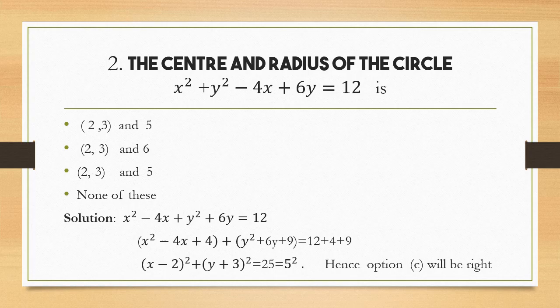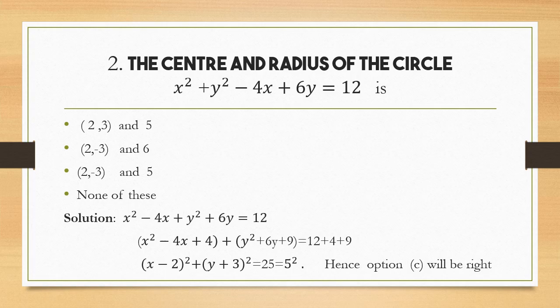Therefore, I got h as 2, k as minus 3, and the right side as 5 square. It is of the form x minus h the whole square plus y minus k the whole square equal to a square, meaning a is 5 units.